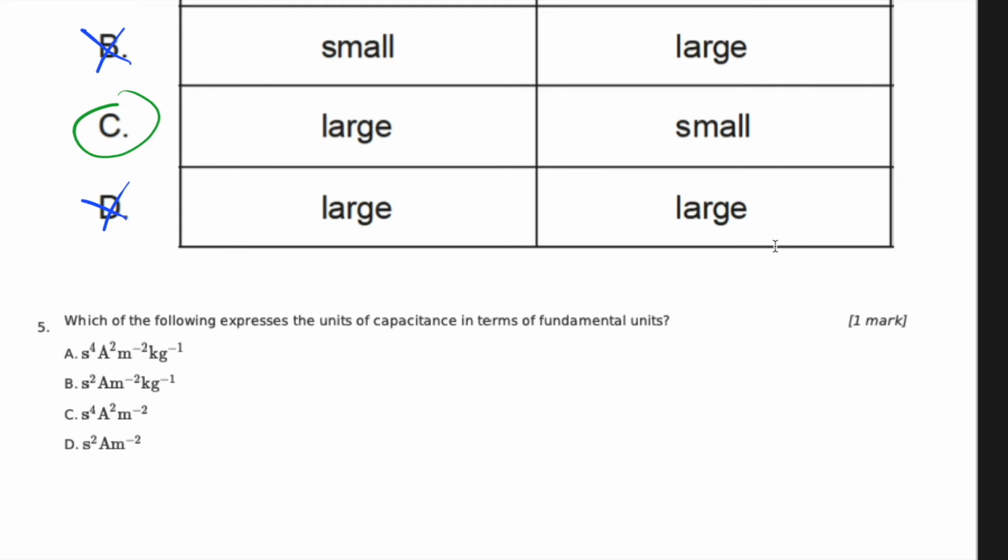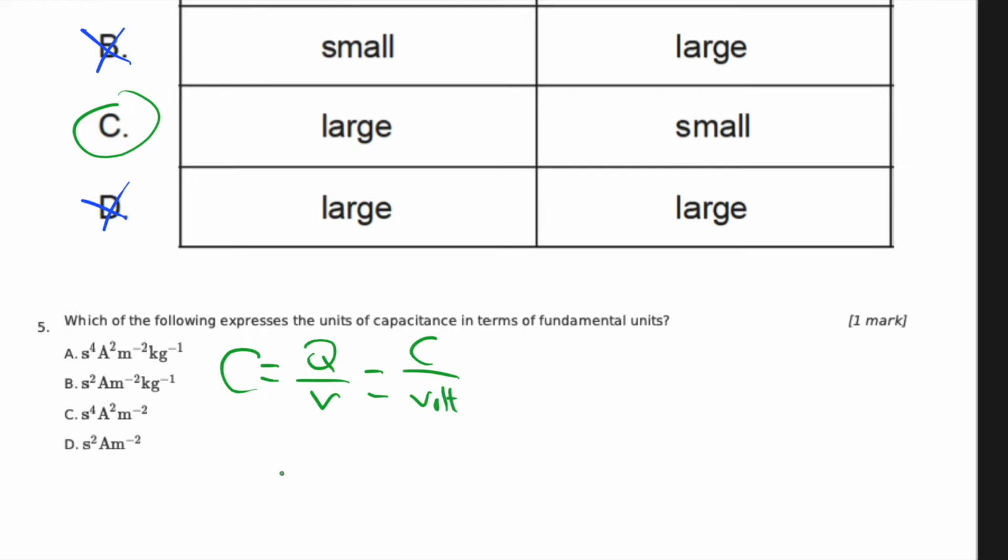Which of the following expresses the unit of capacitance in terms of fundamental units? So this one is a little bit tricky. So we know capacitance is equal to charge over voltage, right? And charge has a unit of coulomb, and voltage has a unit of volt.